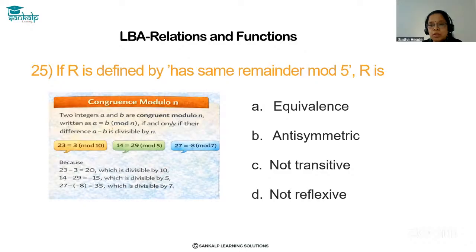So what do you mean by a is equal to b mod 5? What does that mean?